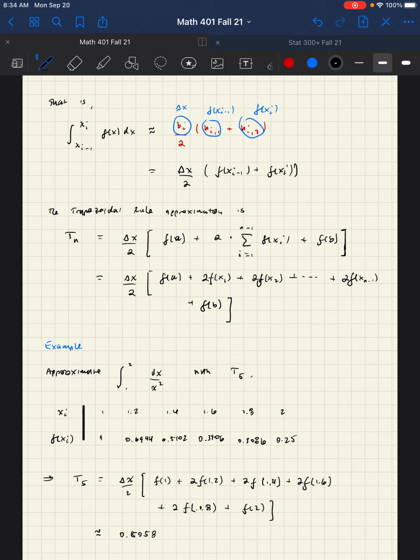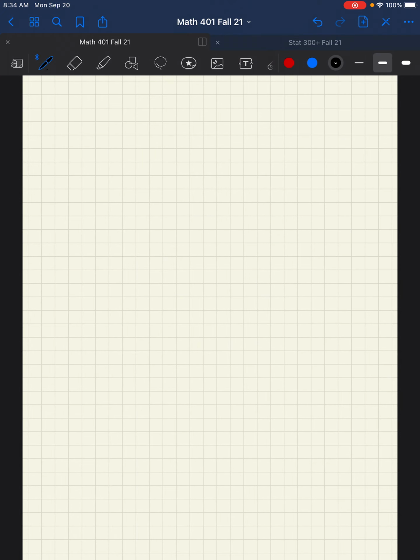And that's approximately, remember, delta x is 0.2, that's approximately 0.5058. Wow. I mean, that's a significant improvement, really.